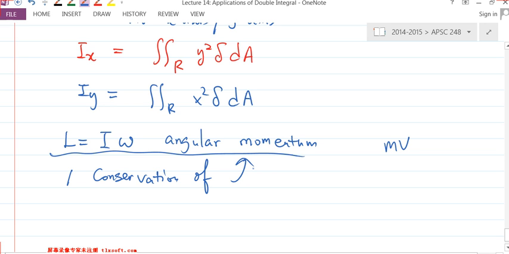And that's pretty much the case when you are on the ice. So if this is conserved, then in order to increase the omega, you have to reduce the I, or the other way around, right? So when you have this, bigger I. When you have this, smaller I. And that's what happens, physics.